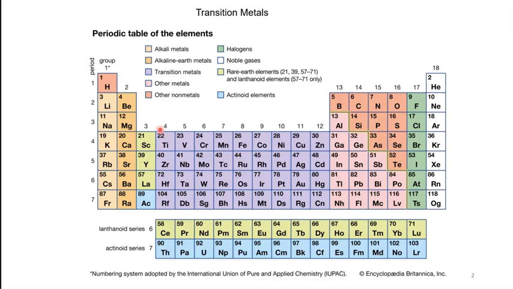So D orbitals means that we start from here to here, that is from group 3 to group 12, all are D orbital elements. Okay? But then you see, we have scandium, yttrium, and lanthanum that are important. They are also called rare earth elements because the properties of transition elements differ from those three elements.